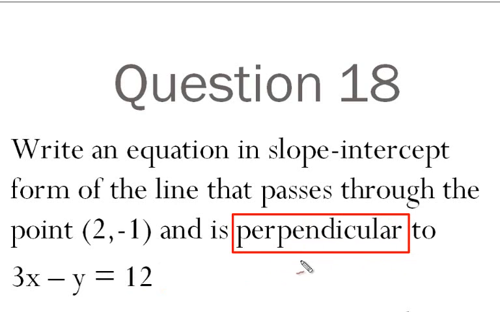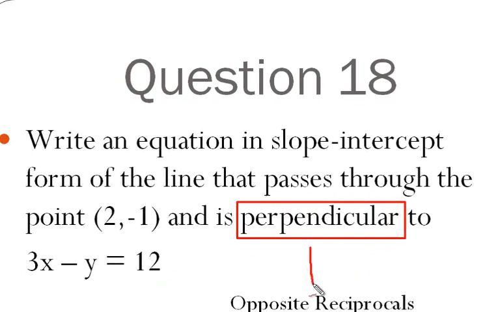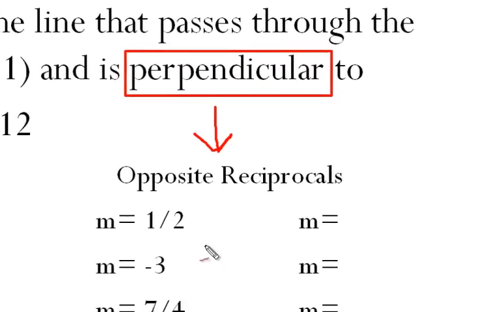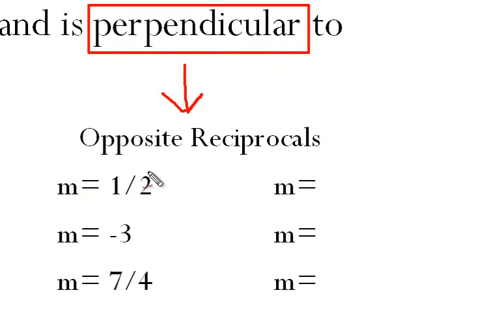Okay, so first we have to know what perpendicular means. That means that their slopes are going to be opposite reciprocals. We've talked about them a lot in class, but I'll do a few more examples so you guys can see. If we had a slope of 1/2 and we wanted to take the opposite reciprocal, the opposite part of this means the sign of it.